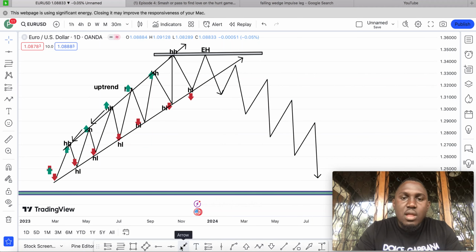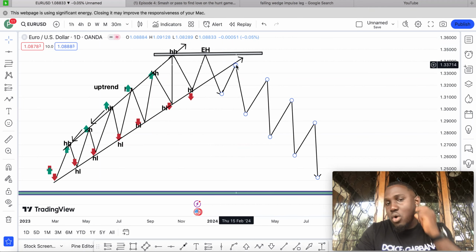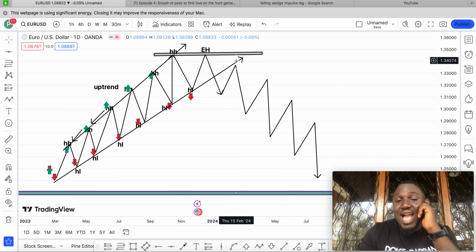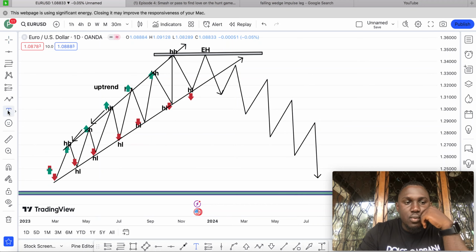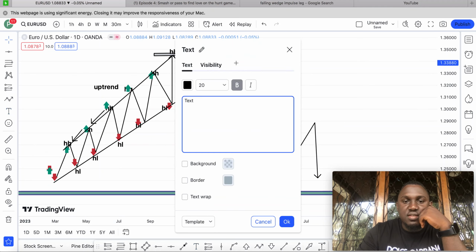Now bringing us to have this same trend. So we now have what they call a higher low. Why is it called a higher low? I'll indicate why. Let's write it here.